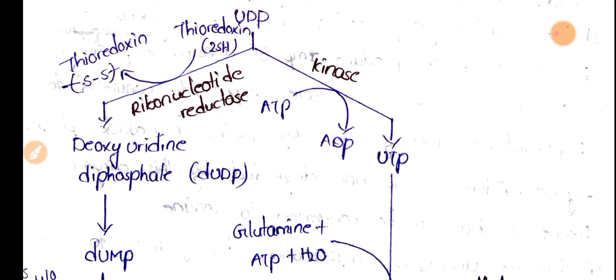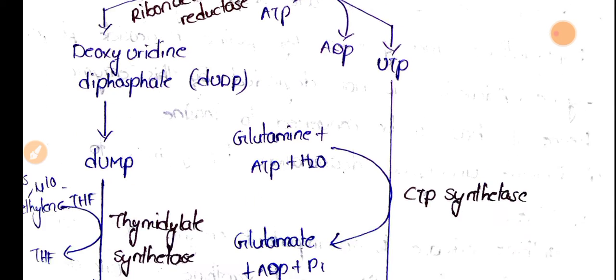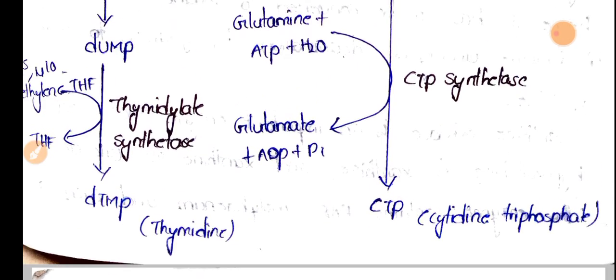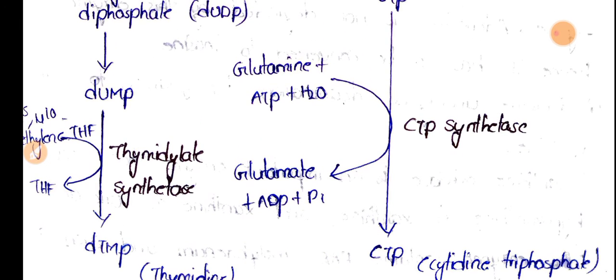UDP, uridine diphosphate, is converted into uridine triphosphate. Again this uridine triphosphate is converted into CTP, that is cytidine triphosphate, by the enzyme CTP synthetase.